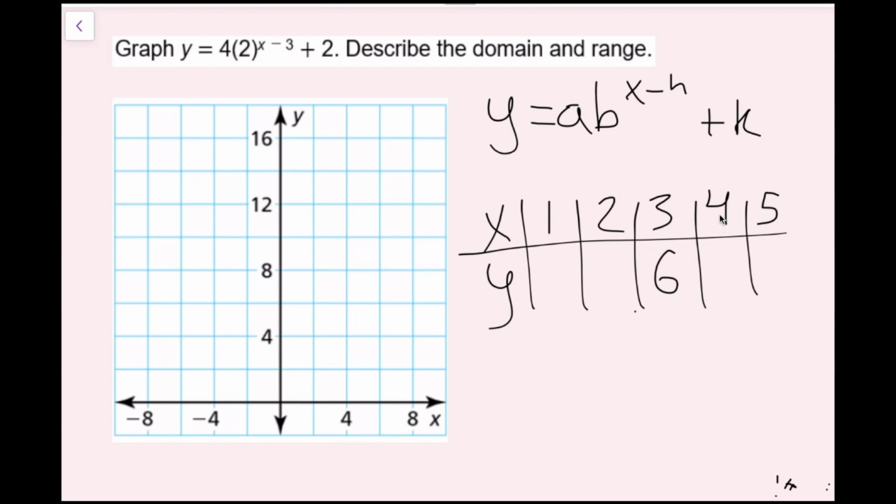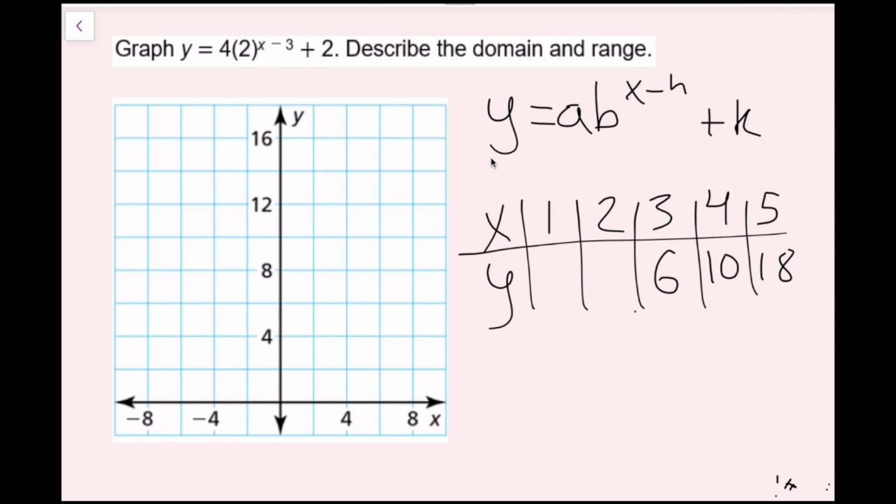So I'll plug in 4. So 4 minus 3 is 1. 2 to the power of 1 is 2. 2 times 4 is 8, and then 8 plus 2 is going to give me 10 here. Now I'll do 5. 5 minus 3 is 2. 2 squared is 4. 4 times 4 is 16, plus 2 is 18.